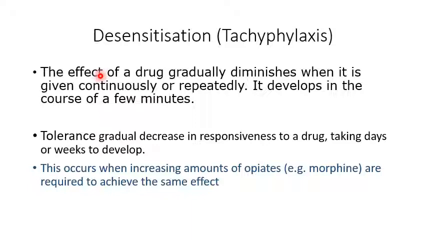Tolerance, on the other hand, will take a longer period to decrease the pharmacological effect or the response to a drug. And in the case of opioids, like morphine, we do need to increase the dose for the patient to get the same response that we usually get if we administered smaller doses in previous days or weeks.